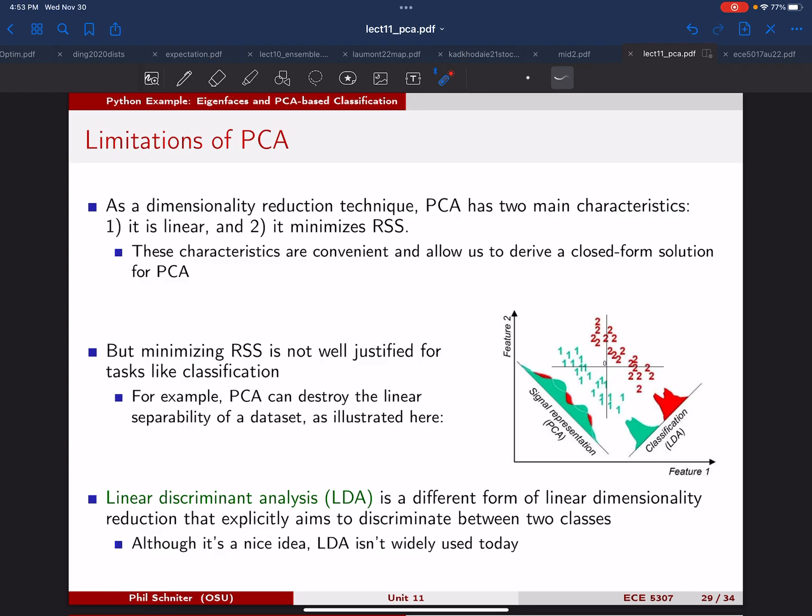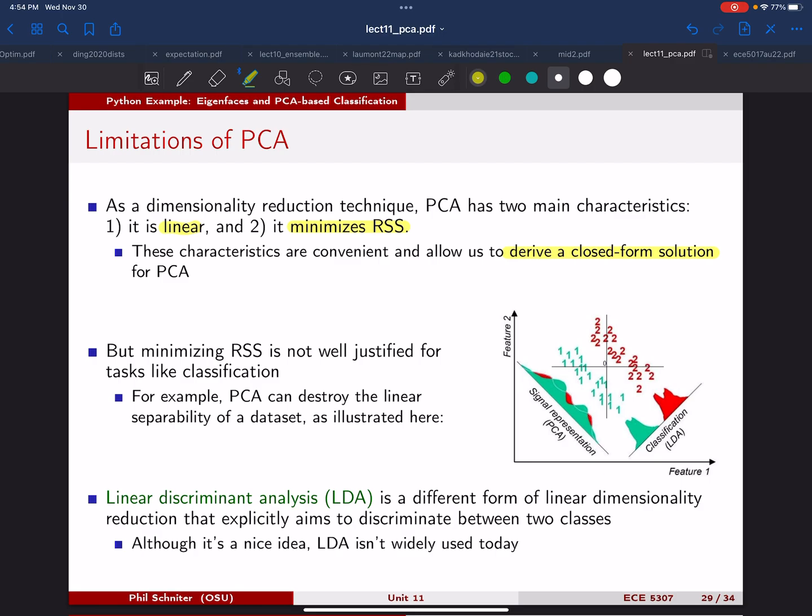So first of all, there are many, many different ways that you could attempt to reduce dimensionality, to compress your features. PCA is special in that it's linear and it minimizes RSS. Those two things together make it very computationally and analytically tractable, and they allowed us to derive a closed form solution.